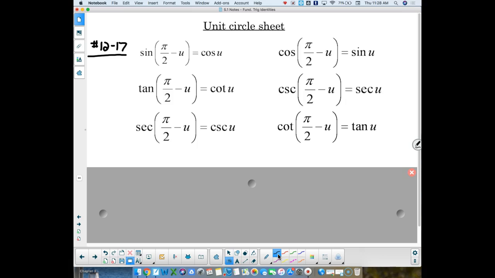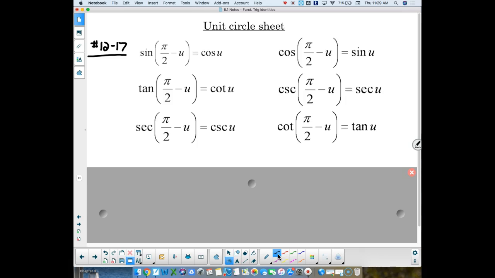The sine of an angle is the cosine of its complement. The cosine of the angle is the sine of the complement. Tangent of the angle is the cotangent of the complement. Cosecant is the secant of the complement. Secant is the cosecant, cotangent is the tangent of the complement. Okay? So it switches to its pair share.